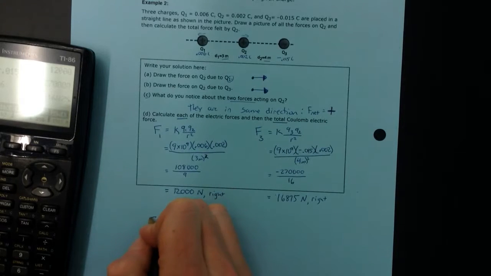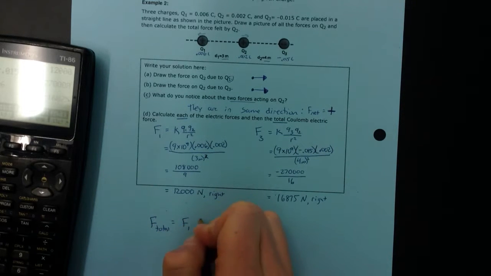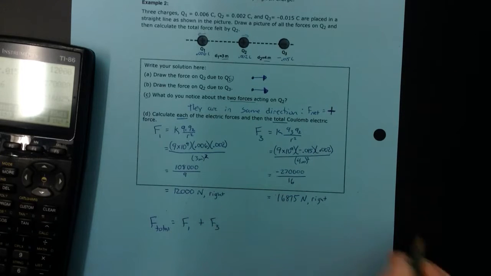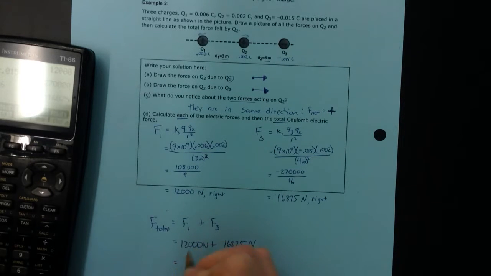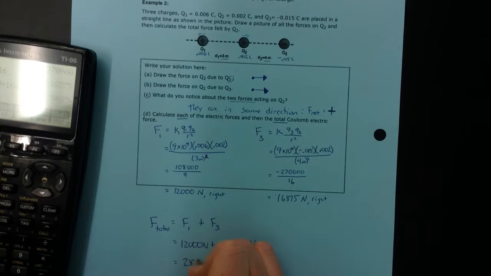Now the total force is going to be the sum of those. I'm going to take F1 and add it to F3. So I'm going to take 12,000 newtons and add it to 16,875 newtons, and I get 28,875 newtons, and that's going to be to the right.